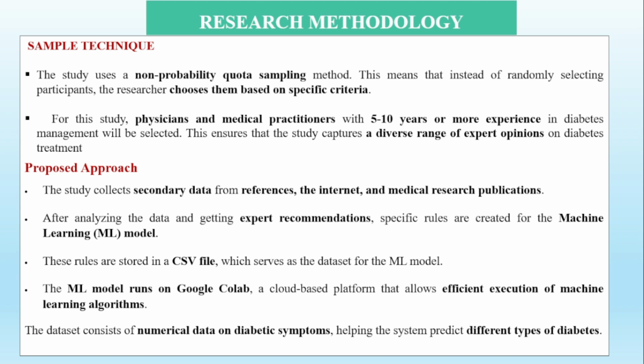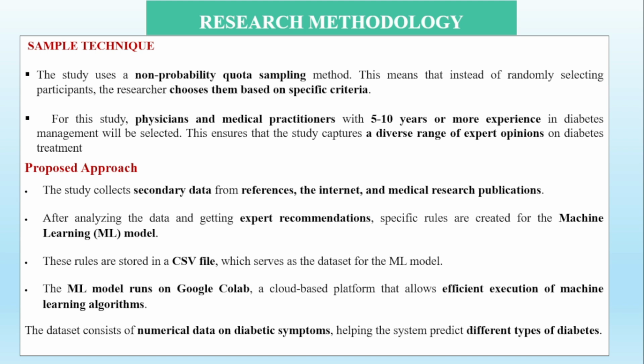We can't use random selection because this is very crucial and very important to the diagnosis of classification, meaning which type of sugar, which type of diabetes mellitus. Now, for this study, physicians and medical practitioners with 5 to 10 years or more experience in diabetes management will be selected. This ensures that the study captures a diverse range of expert opinions on diabetes treatment.